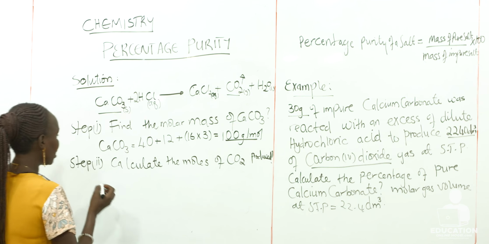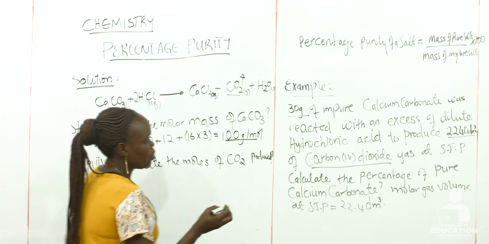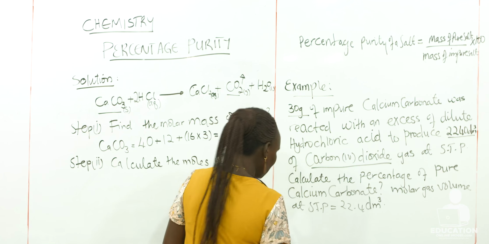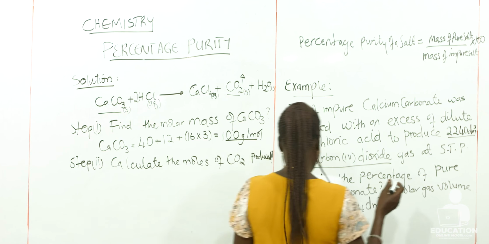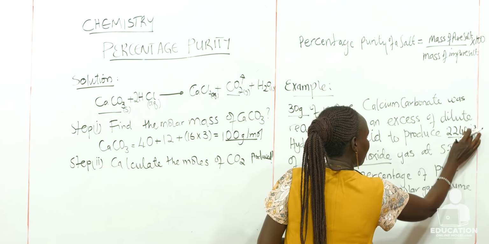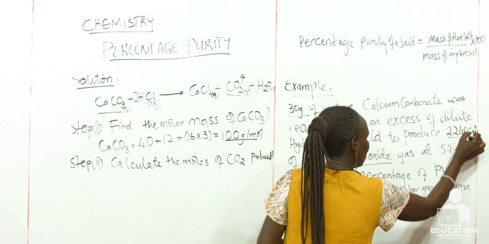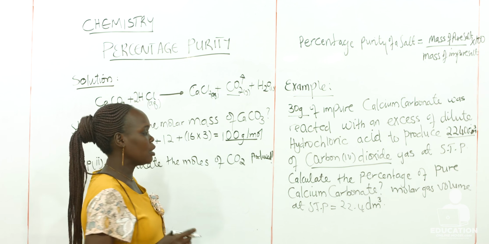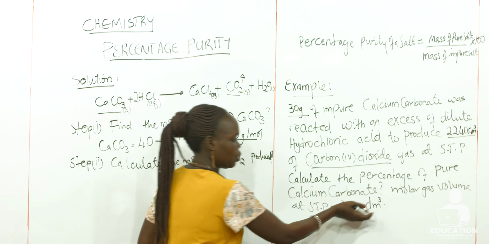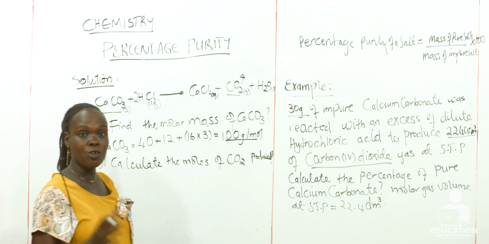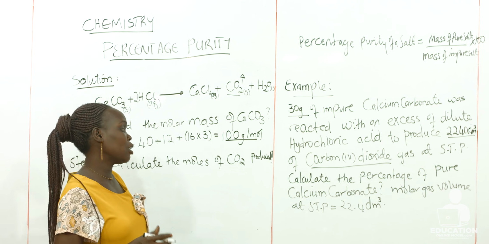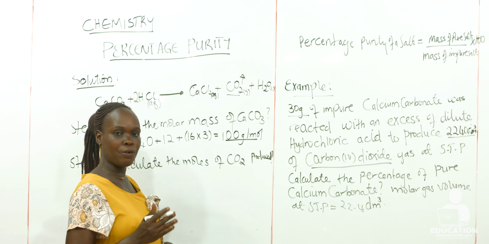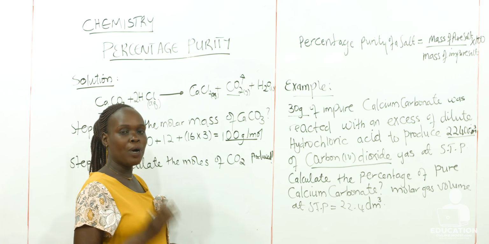This 22.4 is in decimeter cube, but we also have to remember that the volume given here is in centimeter cube. So, with centimeter cube and decimeter cube, we need to change at least one of the units to be uniform. So we shall change the 22.4 into centimeter cube, which means we have to multiply by 1000.